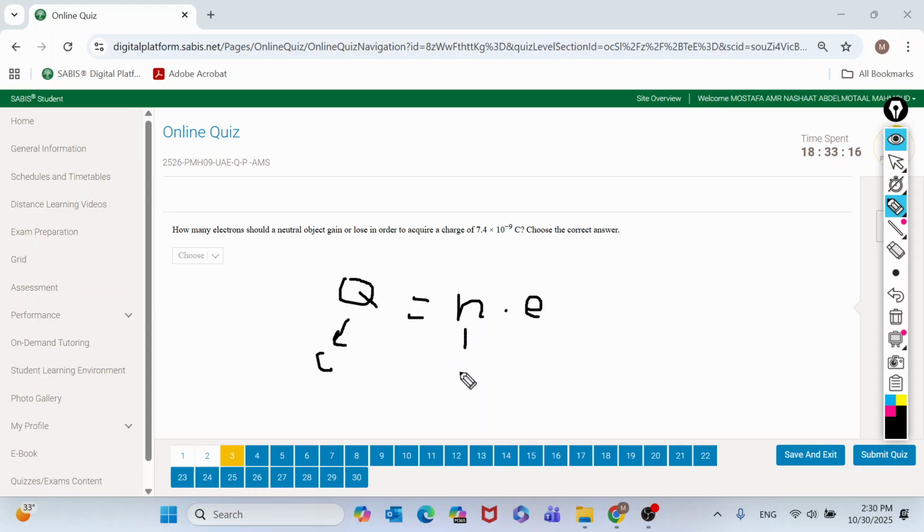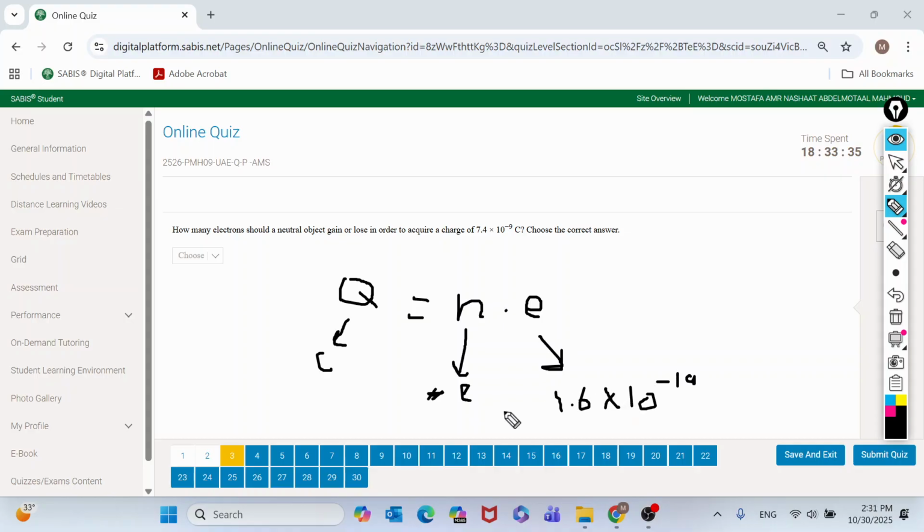So this is the number of electrons, and this is the charge of an electron. It's 1.6 times 10 to the power of negative 19.